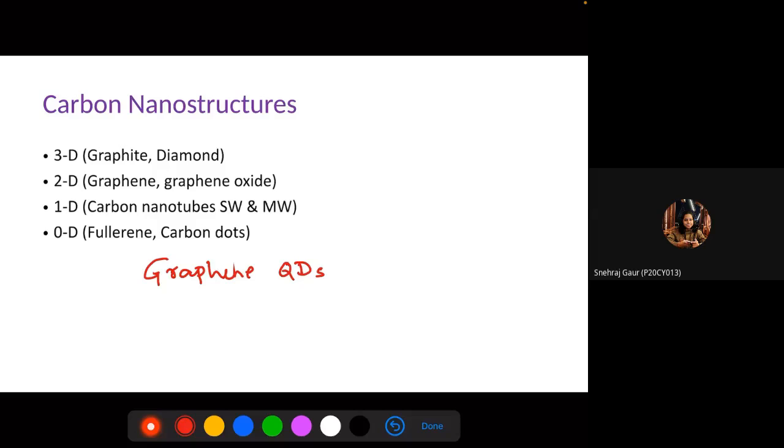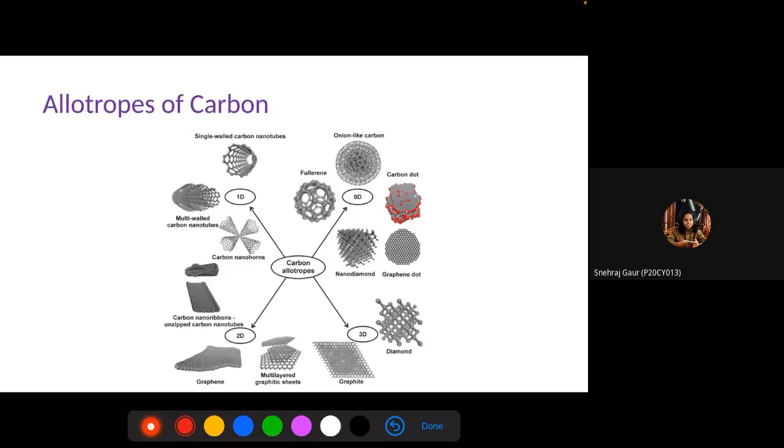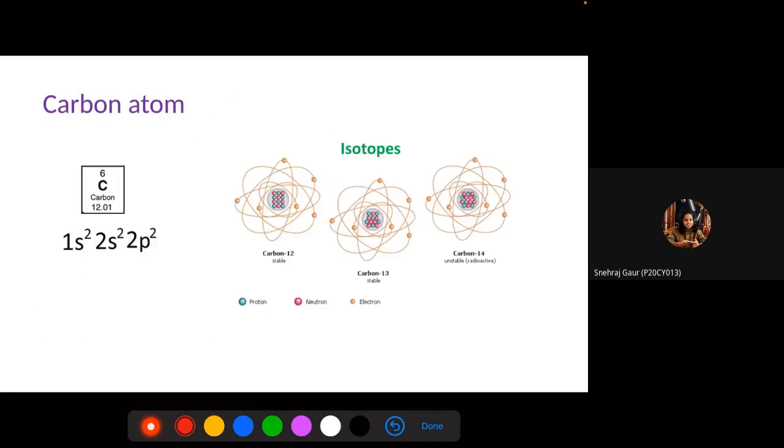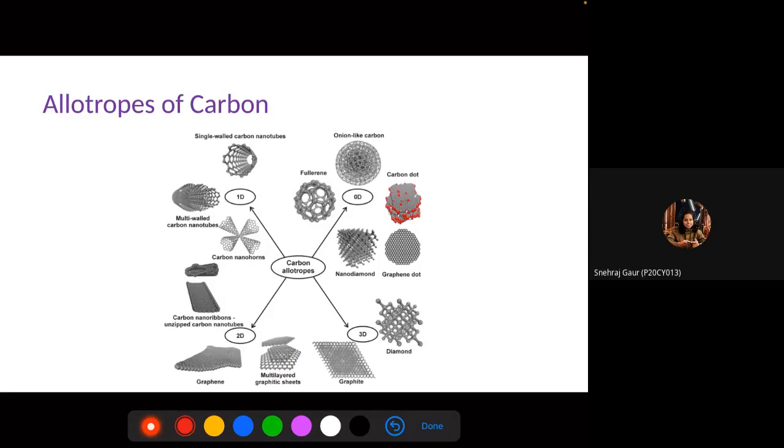We will go through these different structures one by one. Normally, when we talk about these different carbon structures, sorry, I'm going too fast. These are known as allotropes of carbon. What are allotropes of carbon? Allotropes are different or distinct structures with distinct physical or chemical properties, but they are made of the same element.